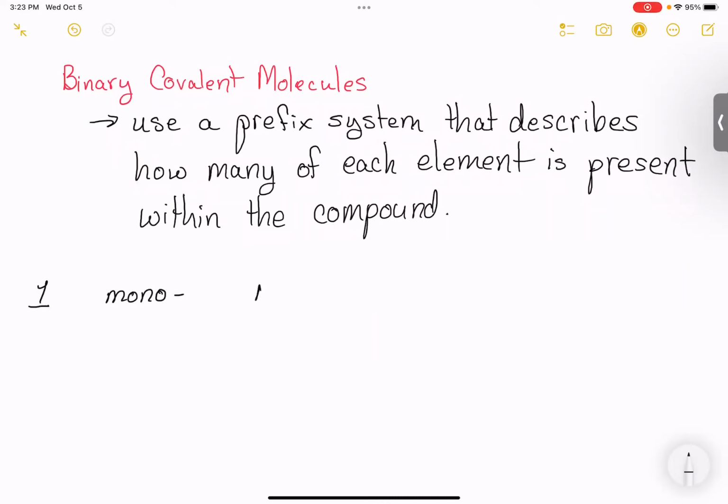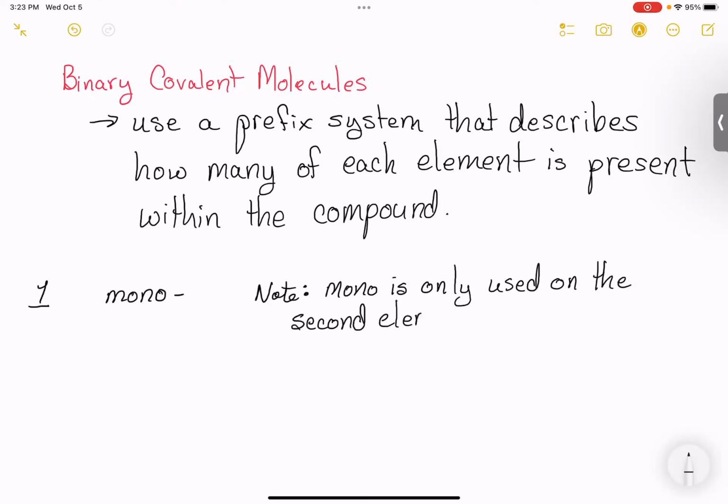Now, a quick note about mono. Mono is only used on the second element. As a prefix.